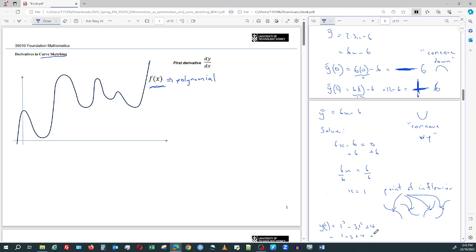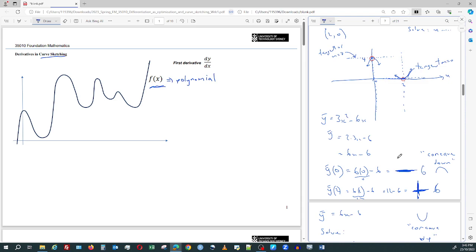That gives us 5 minus 3 is 2. So the point of inflection has an xy coordinate of (1, 2). So at (1, 2), x is 1 and y is 2.